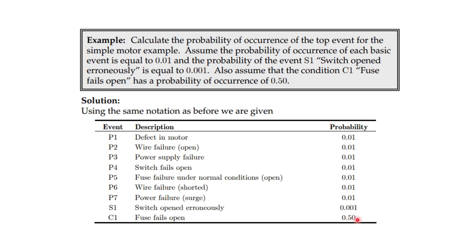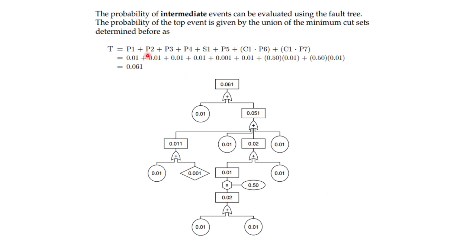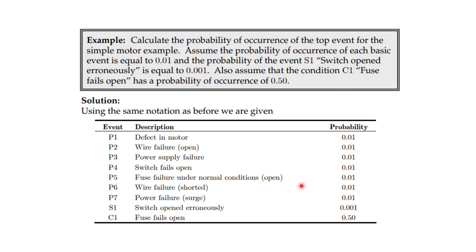Okay, now we will just use the lowest level of the formula that I have shown to you a while ago, and then substitute all of the probability present in this table.